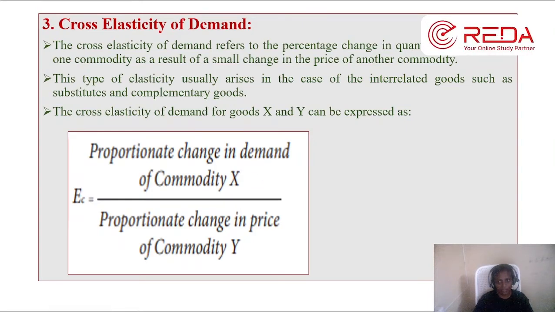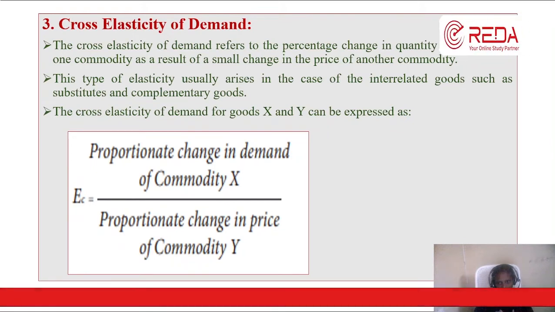If the price of petrol keeps on increasing, the demand for petrol cars will go down. They will prefer diesel; they will switch to consuming other commodities. So analyzing the demand for interrelated, substitute or complementary goods, we call it cross elasticity of demand.